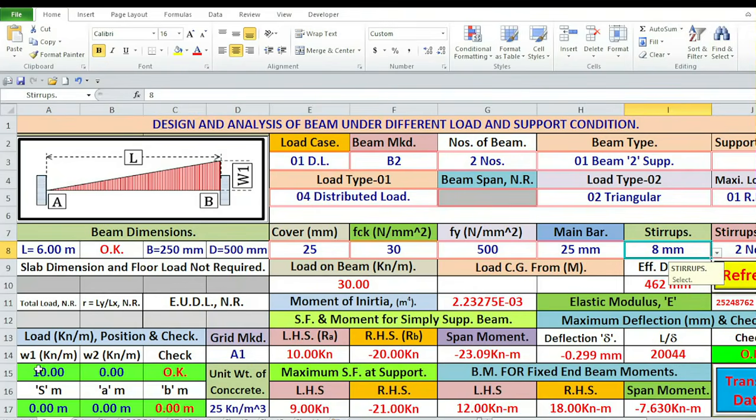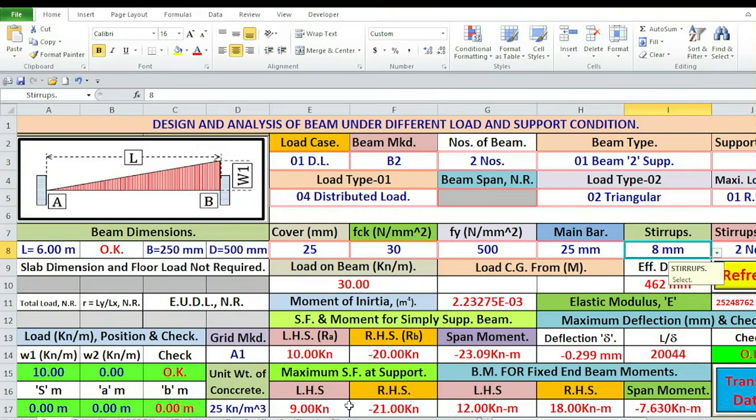Now, load. Here the maximum load on right hand support is 10 kilonewton per meter. Then shear force for simply supported beam, left hand support will be 10 kilonewton, and right hand support will be 20 kilonewton, and span moment will be minus 23.09 kilonewton.